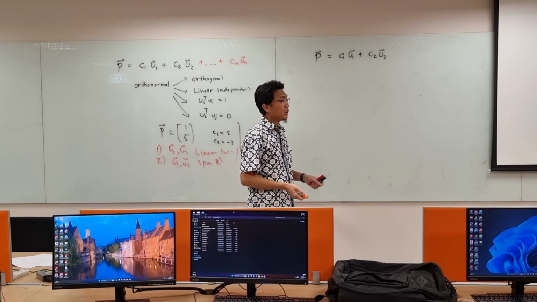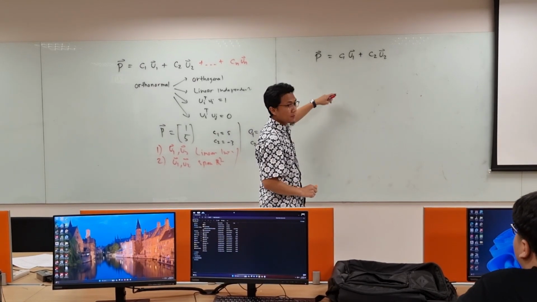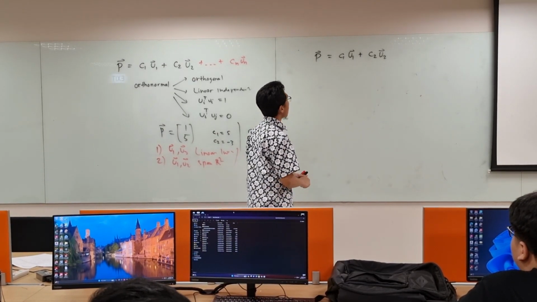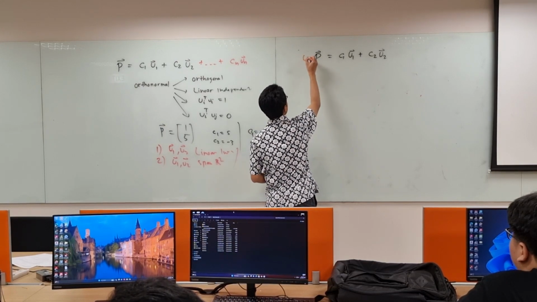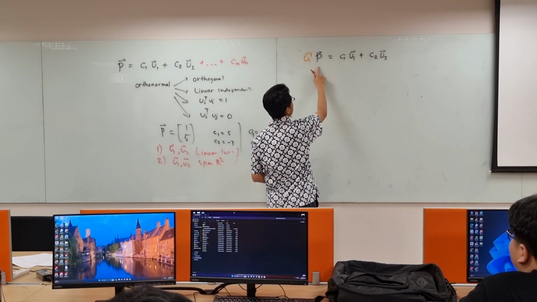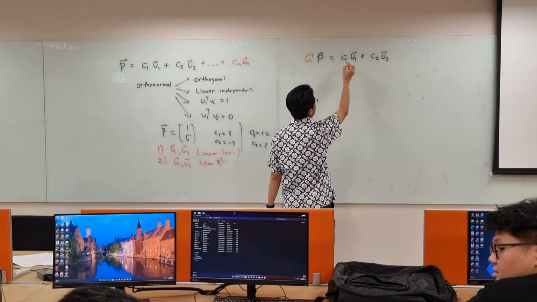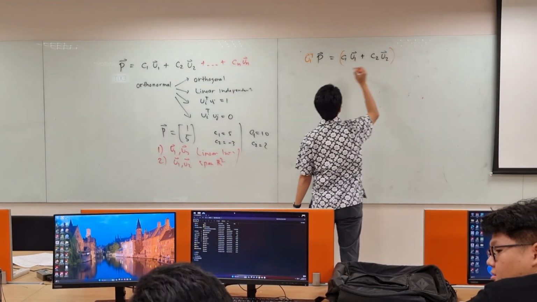Okay, if I multiply vector v from the left, I'm using U1 transpose, multiply by that. Then this one also from the left, I have to multiply.